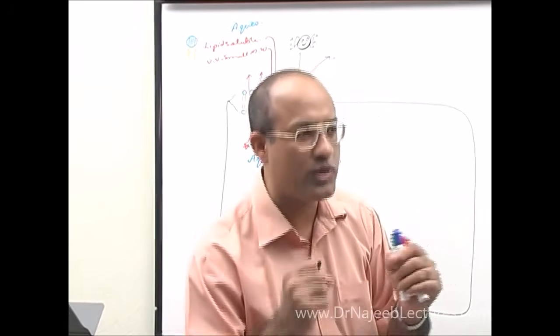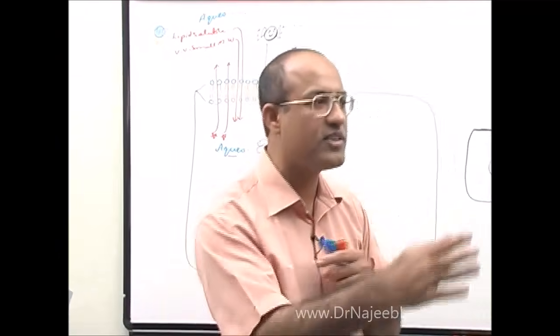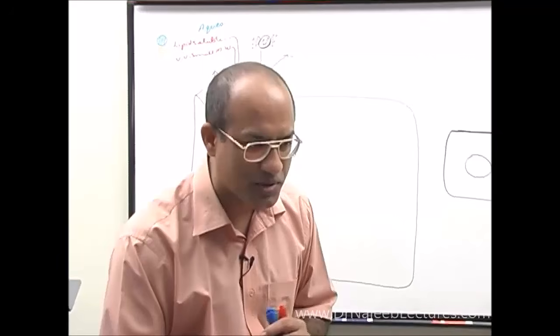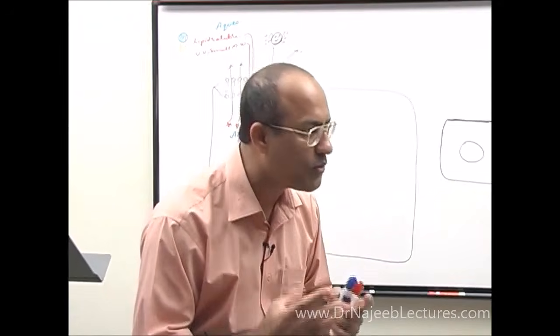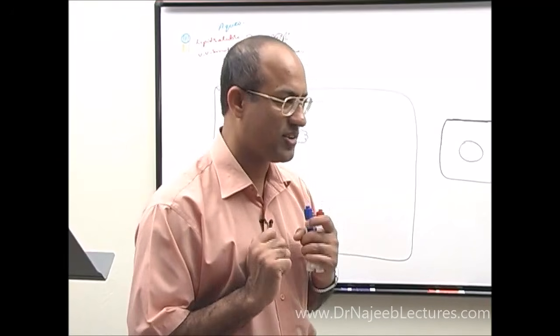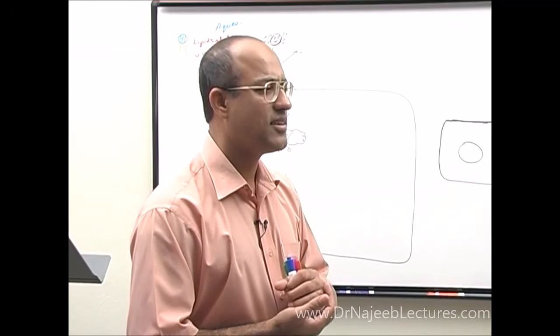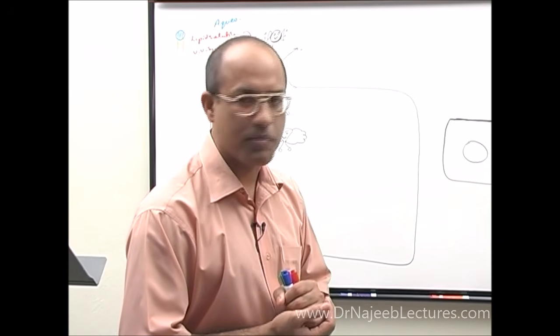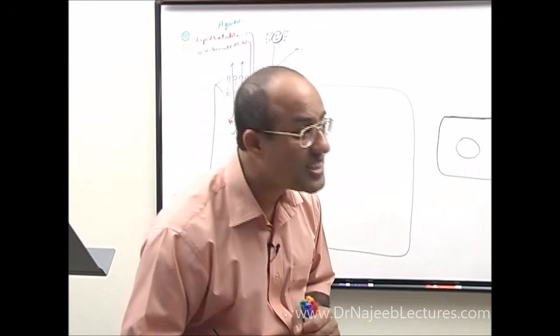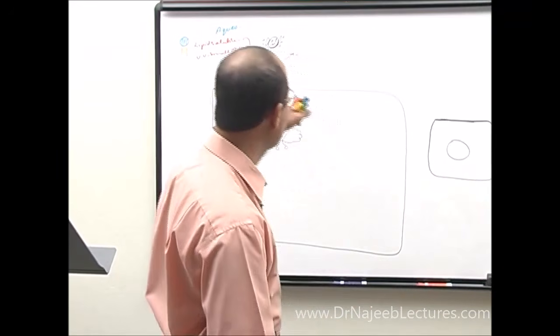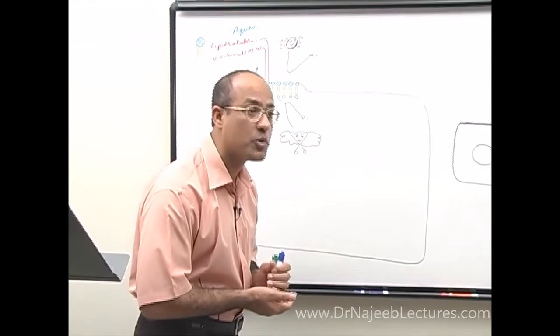There should be special windows and doors through which these molecules can slip in or out. Those special windows or doors within the cell membrane are made of which component? Proteins. In the cell membrane, there are special types of proteins.